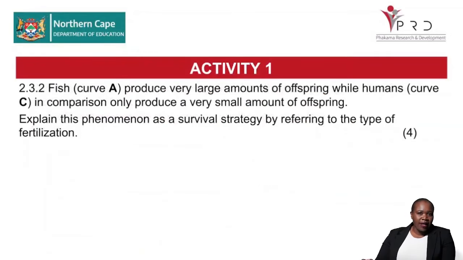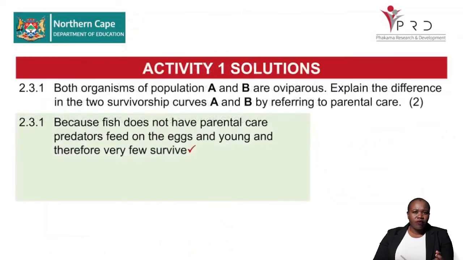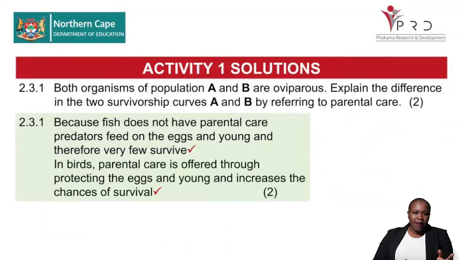Fish lay their eggs and let their eggs develop on their own, whereas birds create the nest to make sure that the eggs develop in the nest, and they take care of them and make sure that they are well taken care of and protected from predators until they are independent, which does not necessarily always happen with the fish, right? So that is why the way in which survival or survivorship happens is different.